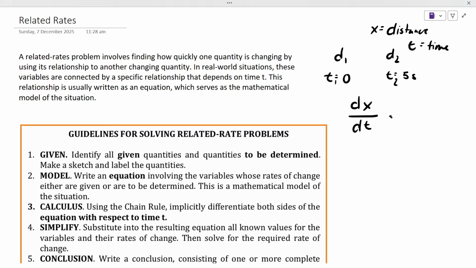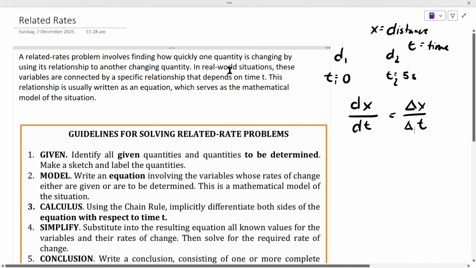That is the change in distance over change in time. This is how related rates happen in this scenario.